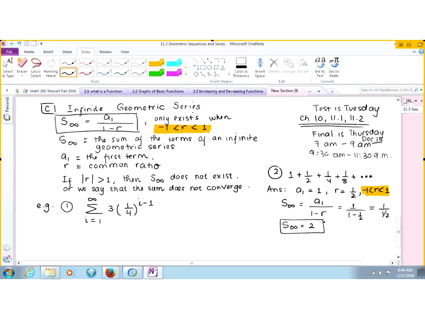Isn't it hard to think? The series doesn't even stop. But how come we get the sum? Because when n gets bigger, what happens? This one will go to 0. Okay? That's why the sum exists. Now, what about number 1?